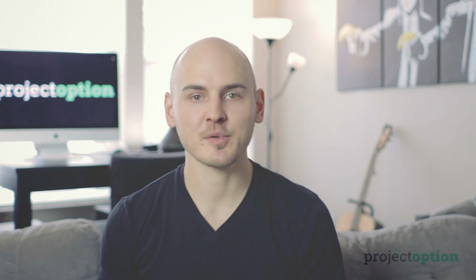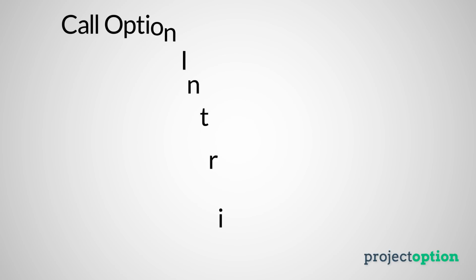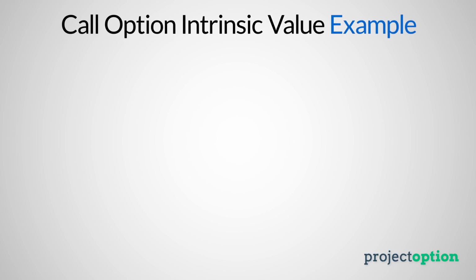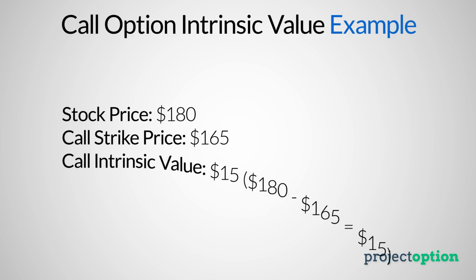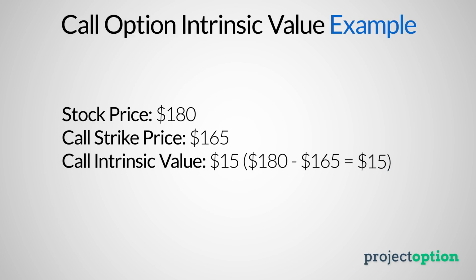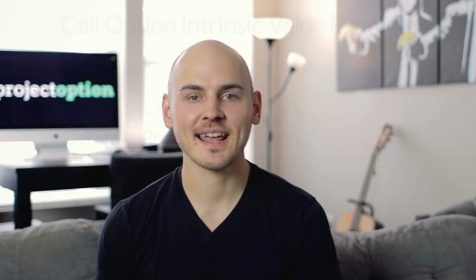So in other words, a call option's intrinsic value is equal to the current stock price minus the call's strike price. So if the current stock price is $180 and the call's strike price is $165, 180 minus 165 is $15. Now, it's important to note that options do not have negative intrinsic value, as they either have zero intrinsic value or they have positive intrinsic value.